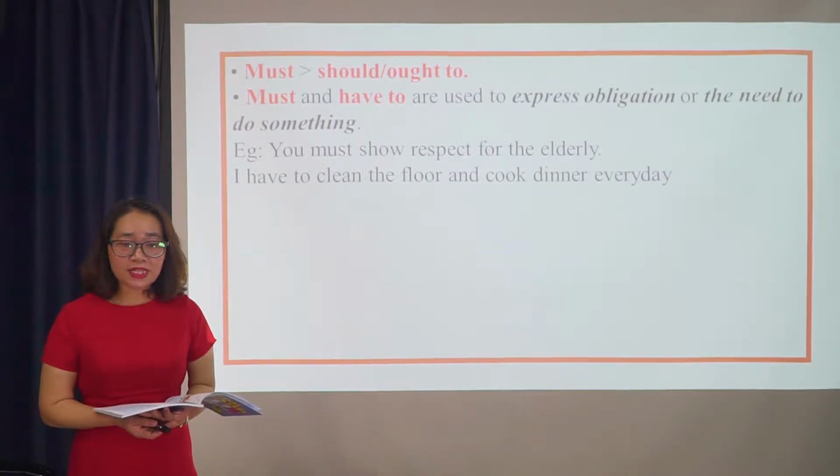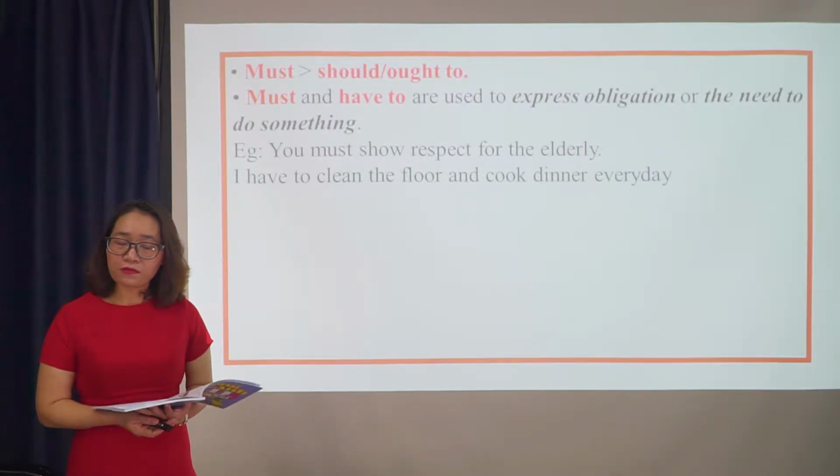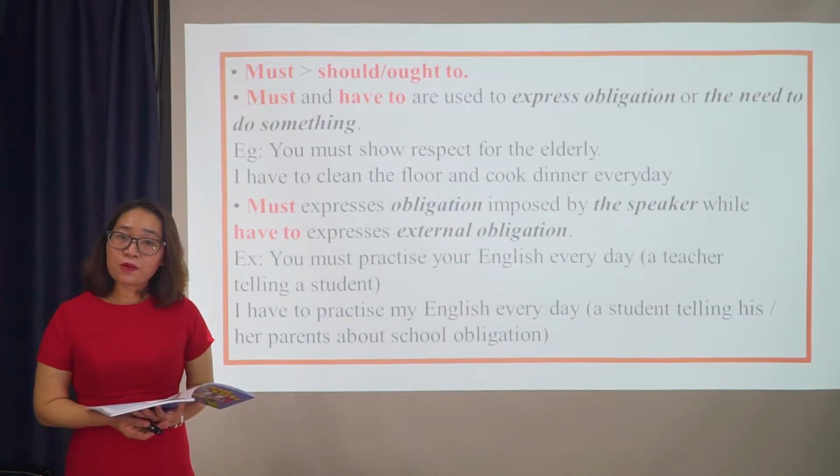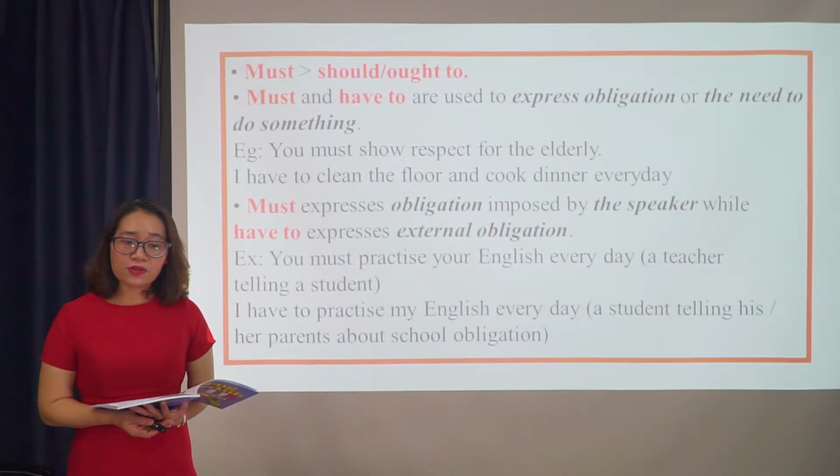And we have must and have to, which are used to express obligation or the need to do something. For example, you must show respect for the elderly, or I have to clean the floor and cook dinner every day. Focus on the way of using must and have to.